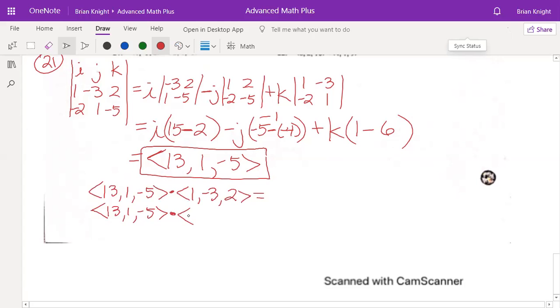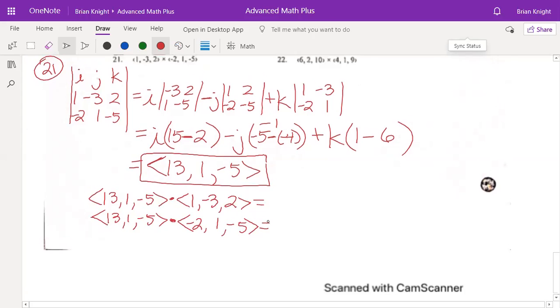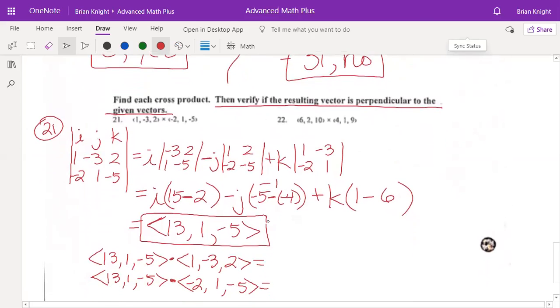Why are we doing this? Because the directions tell me to. See where it says verify? I underlined it right here. Verify if the resulting vector is perpendicular to the given vectors. It's basically saying, check your answer.